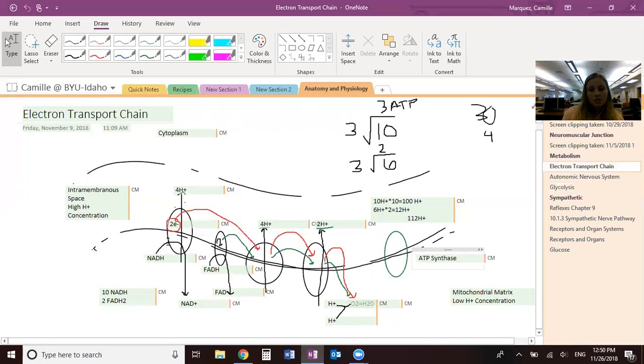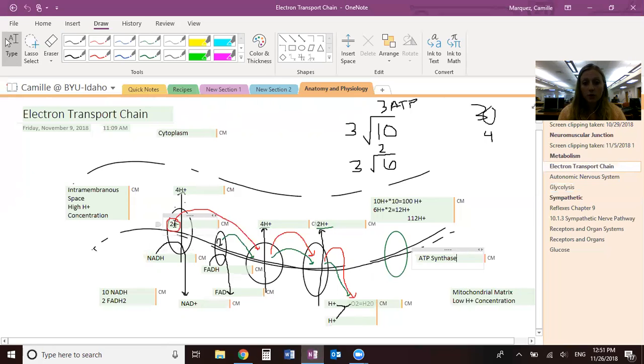And NADH is going to drop off his 2 electrons, and he's going to become NAD plus. At the same time he's dropping off those 2 electrons, 4 hydrogens get pumped across from the matrix of the mitochondria to the intermembrane space. We had 4 come through. And this part I like to think of it as a softball game, or just a game of catch. So those 2 electrons are going to be the ball.